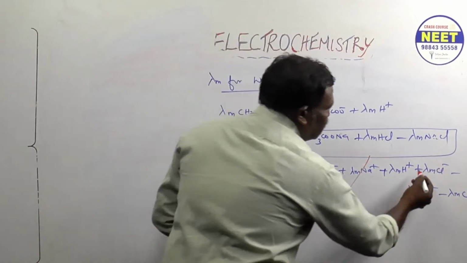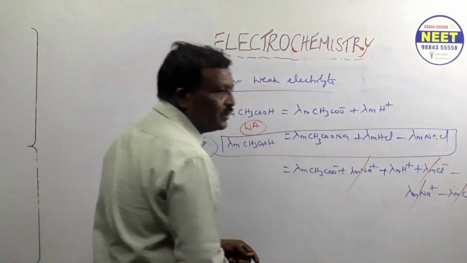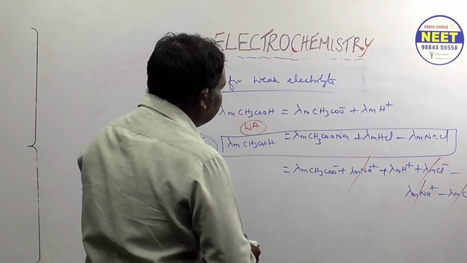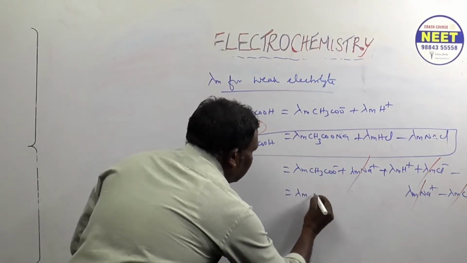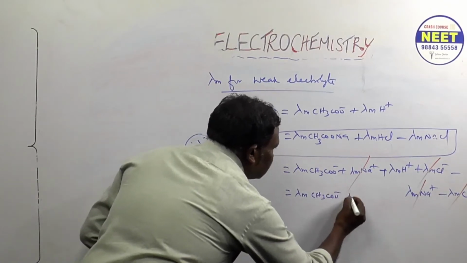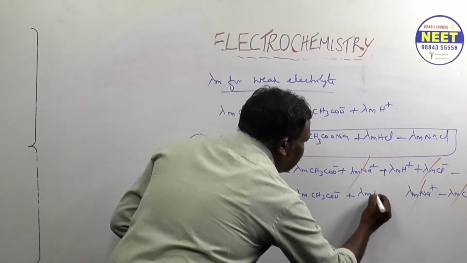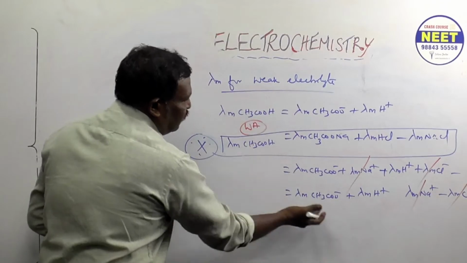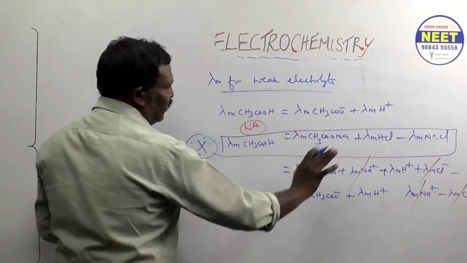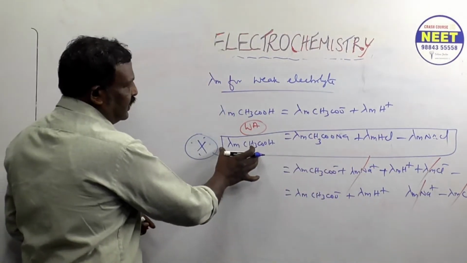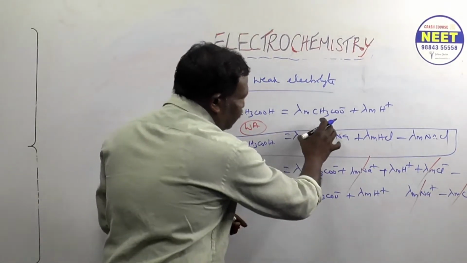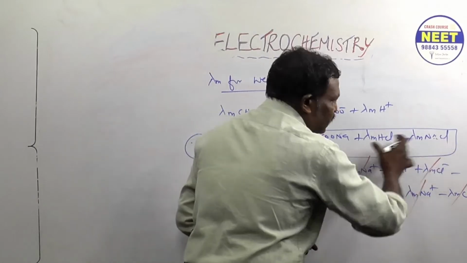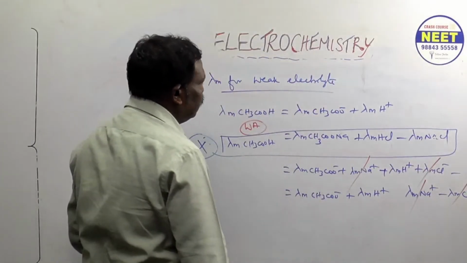Now who is remaining? Lambda of CH3COO minus. Only this remains, no? That's equal to this one. Don't worry about the other one. This is just to be memorized, the formula. Just write this. They will give the values. Just subtract, that's all. Write fast.